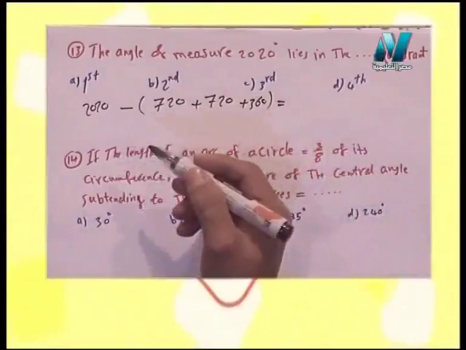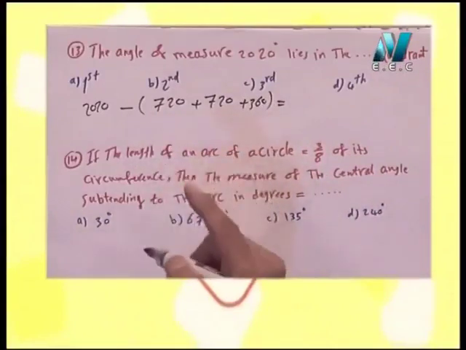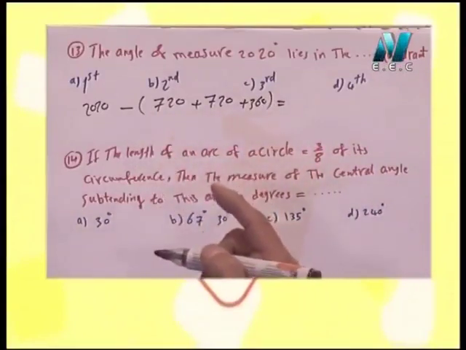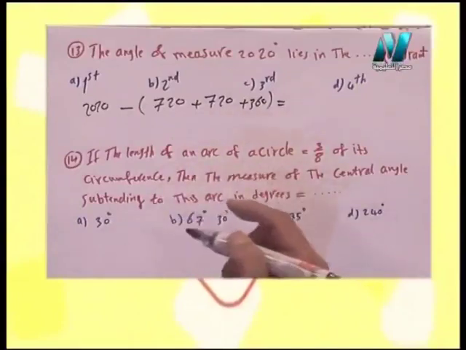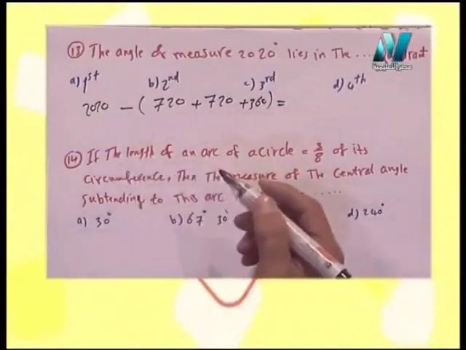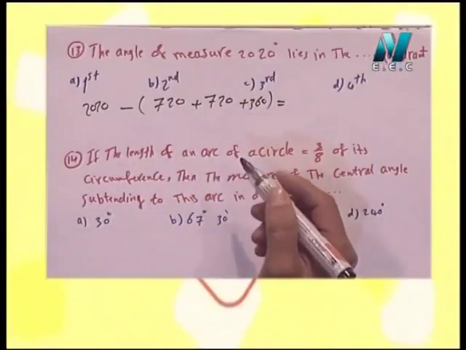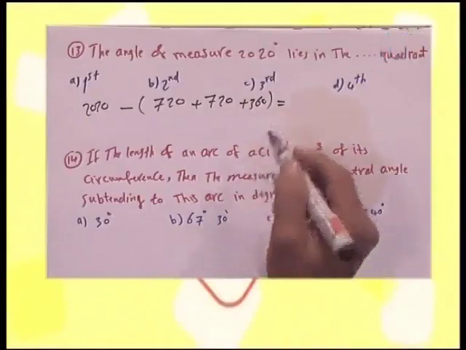You can use your calculator, subtract 360 and again 360 and again 360 to have the smallest positive angle. And in fact, the smallest positive angle will be 220.